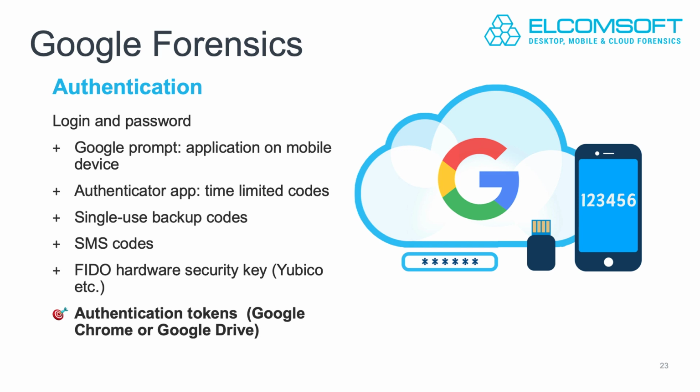The good news is that we support most two-factor authentication methods implemented by Google, including 6-digit codes generated by the Authenticator app or delivered as text messages to a trusted phone number, printable backup codes, Google Prompt, and FIDO key authentication.